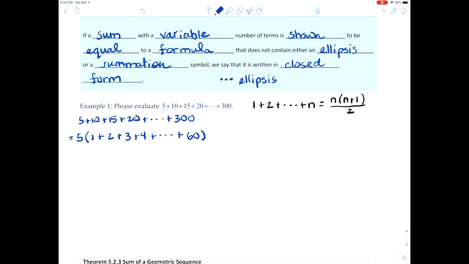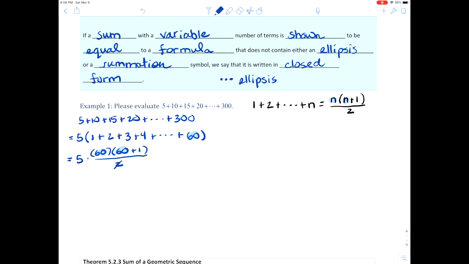Cool, cool. And so that tells me that my n is what? Beautiful. My n is 60. So this will be 5 times 60 times 60 plus 1 all over 2. And what I'm doing is everywhere I see an n, now that I've gotten it into that format, I'm plugging in 60 because 60 is my n. But I still have to multiply everything by 5, so don't forget about that.